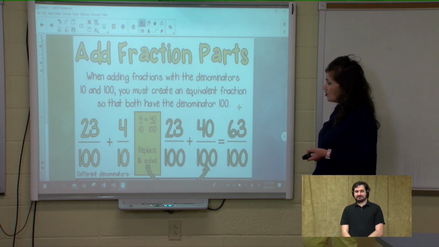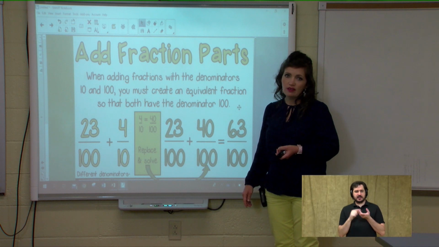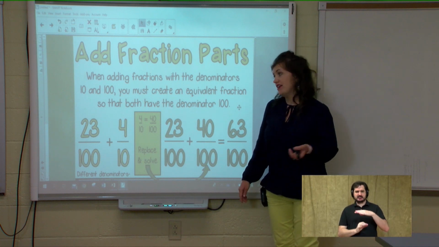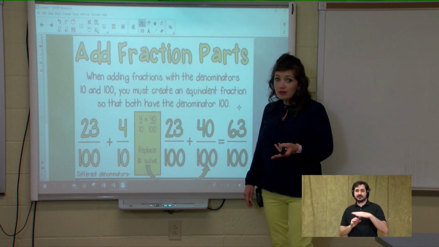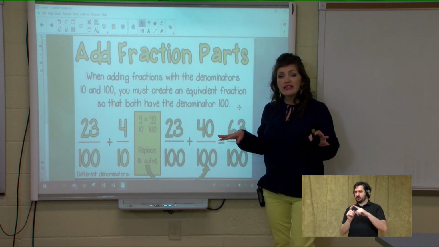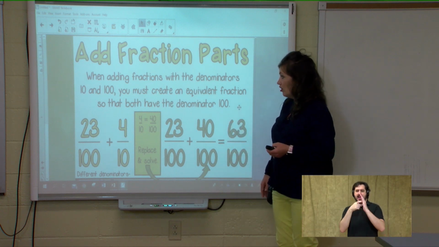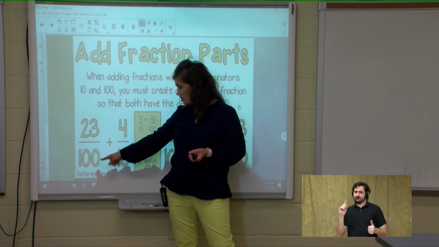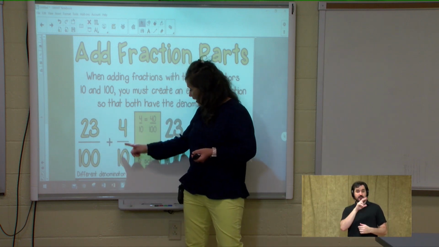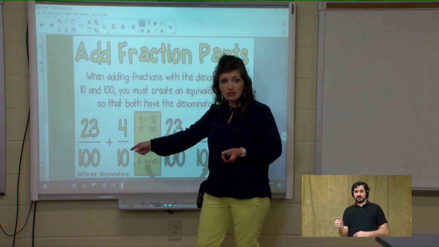All right, so now that we've talked about converting our fractions, now we can add them. When we're adding fractions with different denominators, we always have to convert them to have the same denominator first. So if we have 23 hundredths and 4 tenths, we can't add 23 plus 4.